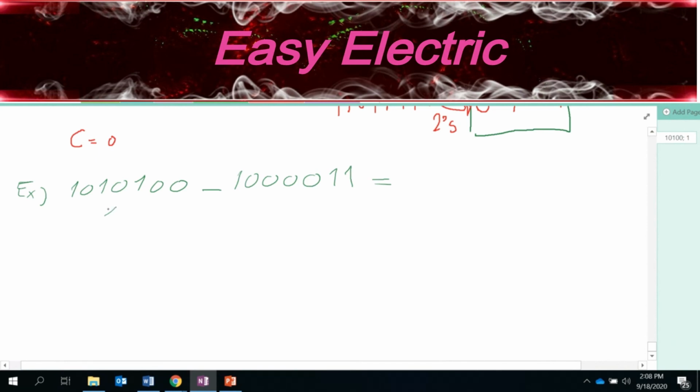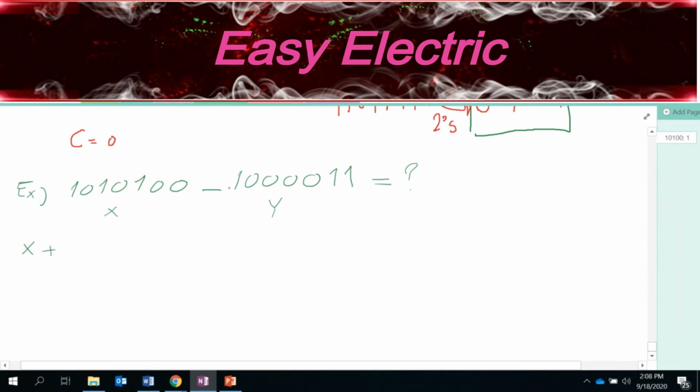So suppose this is x and this is y. And the question is, what's x minus y? Let me double check these numbers: 1 0 1 0 1 2 0 for x and 1 4 0 2 1 for y. Yep. So back to what we learned in our previous class, I want to do x minus y, but I'm going to do this using the r minus 1 complement.